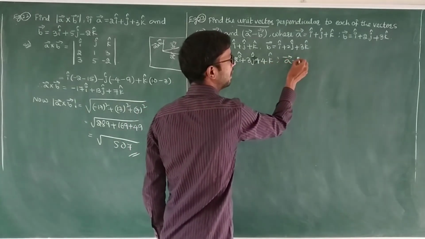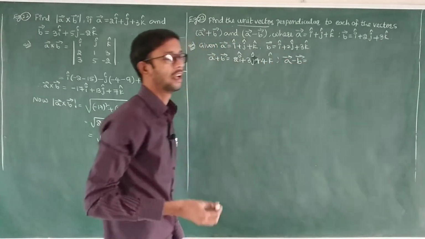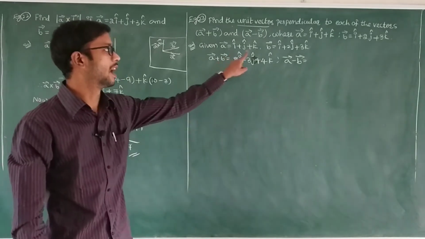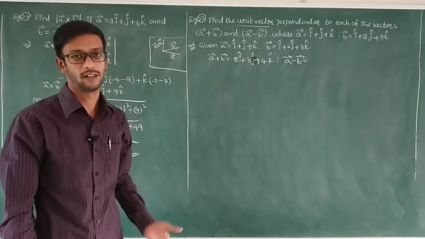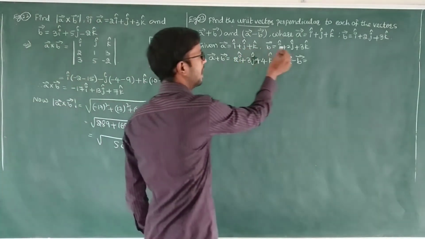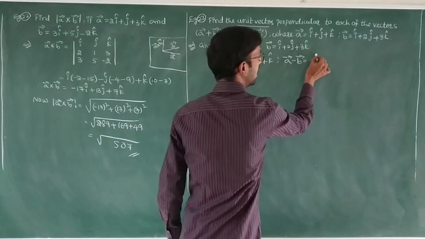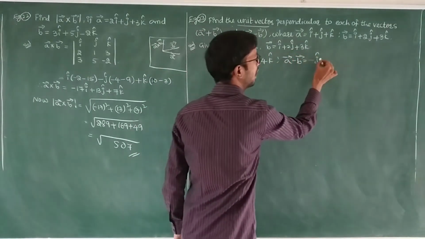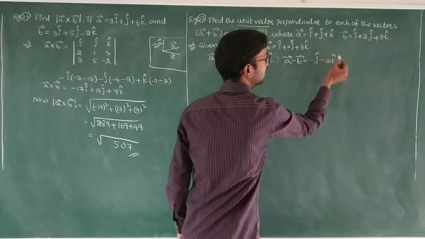A bar minus B bar we have to find. A bar minus B bar is i minus i, 0i, so no need to write i. j minus 2j is minus j cap. k minus 3k is minus 2k cap.